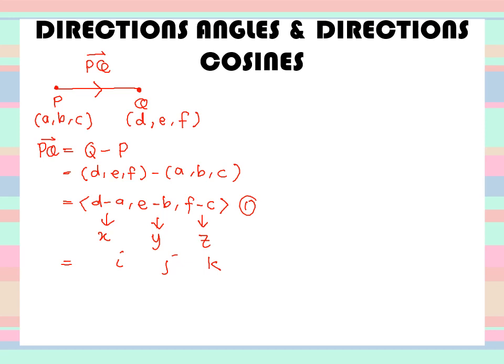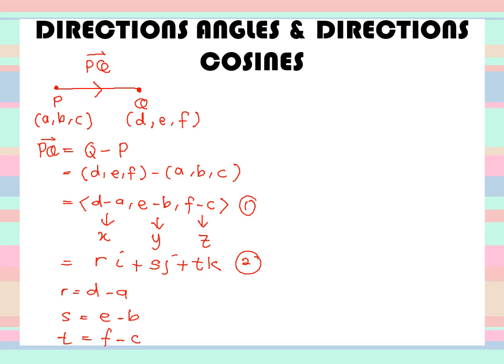For example, Ri plus Sj plus Tk, where R is equivalent to D minus A, S is equivalent to E minus B, and T is equivalent to F minus C. So this is the second way of writing the components of the vector.